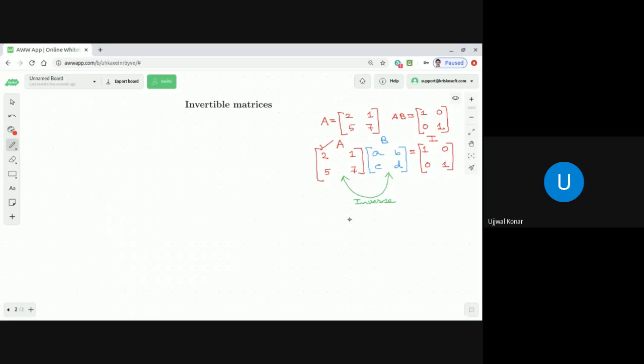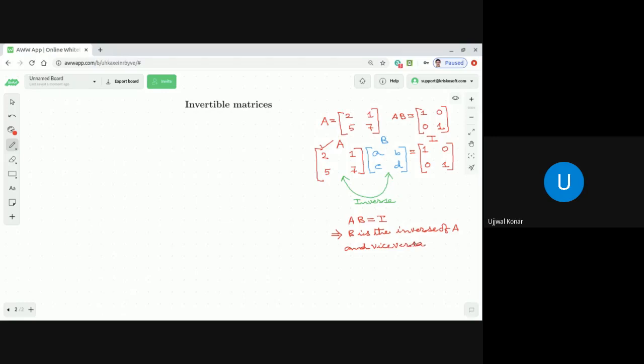So what we say is that if AB is equal to I, that implies B is the inverse of A, and vice versa.